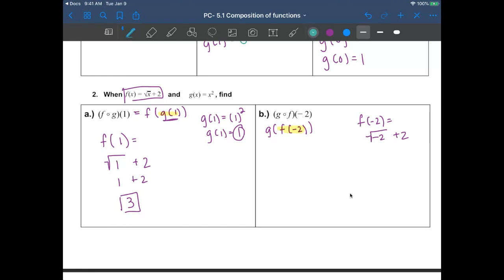And our function is undefined. So we get an undefined value. You can't take g of undefined. So this function breaks. What we would say is that negative 2 is not in the domain. It breaks the function. We can't evaluate.